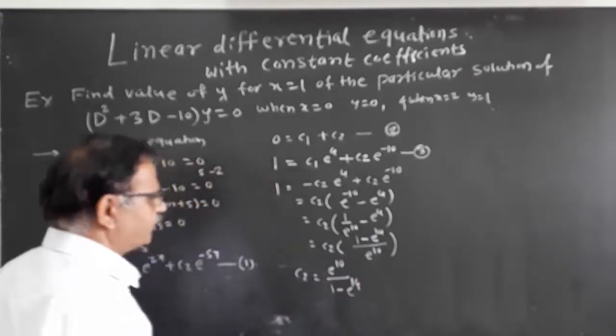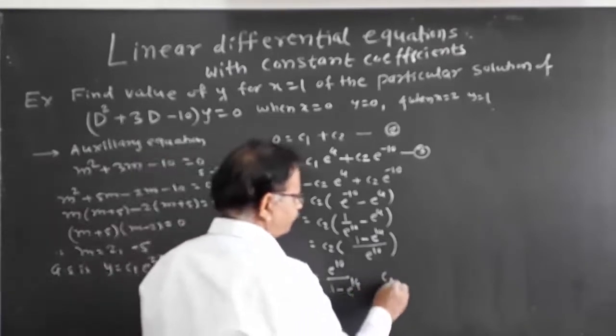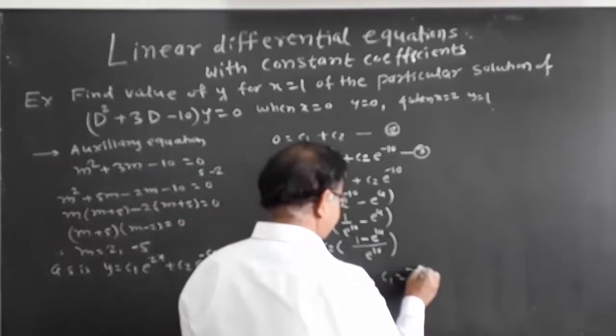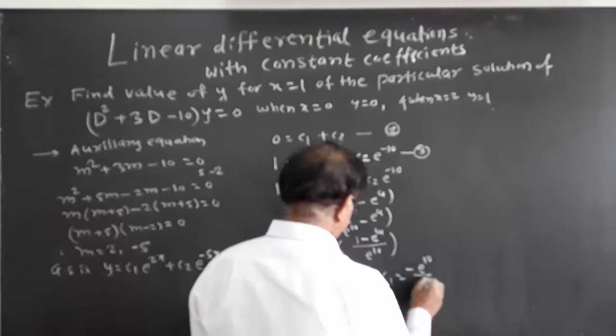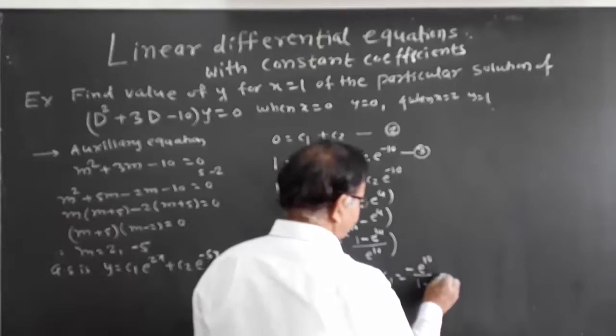This is the value of c2, and c1 is equal to minus c2. Therefore, c1 equals minus e raised to 10 divided by 1 minus e raised to 14.